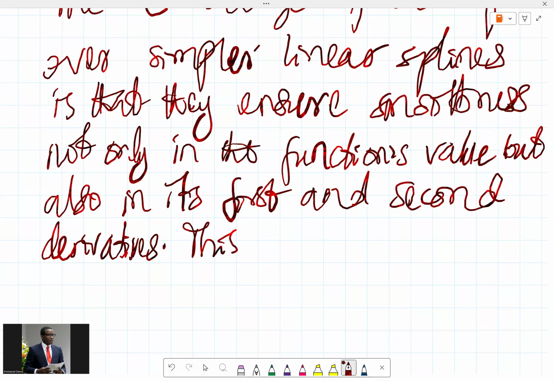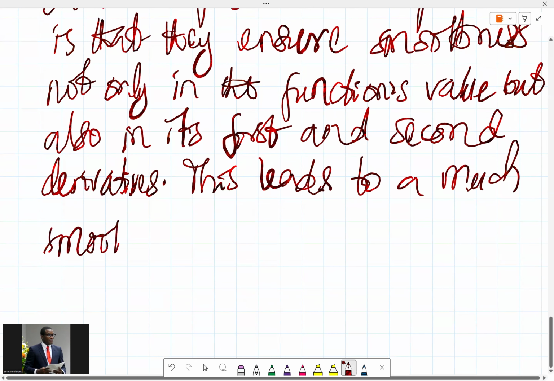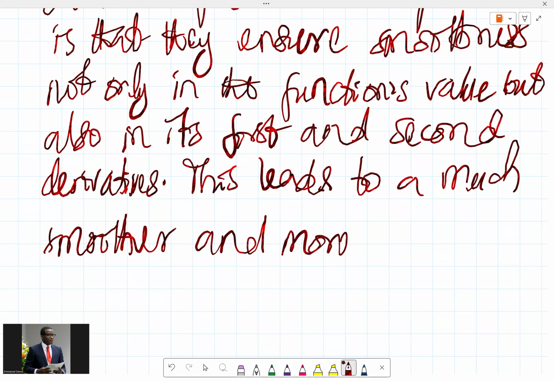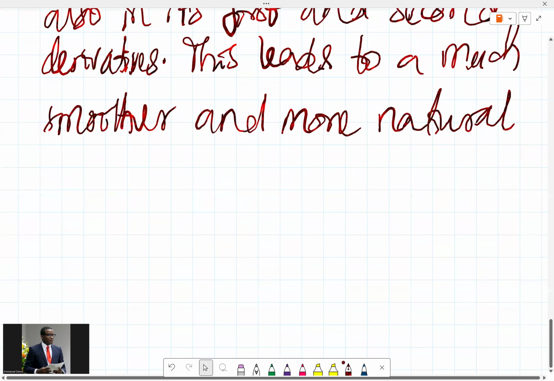This leads to a much smoother and more natural approximation of curves.